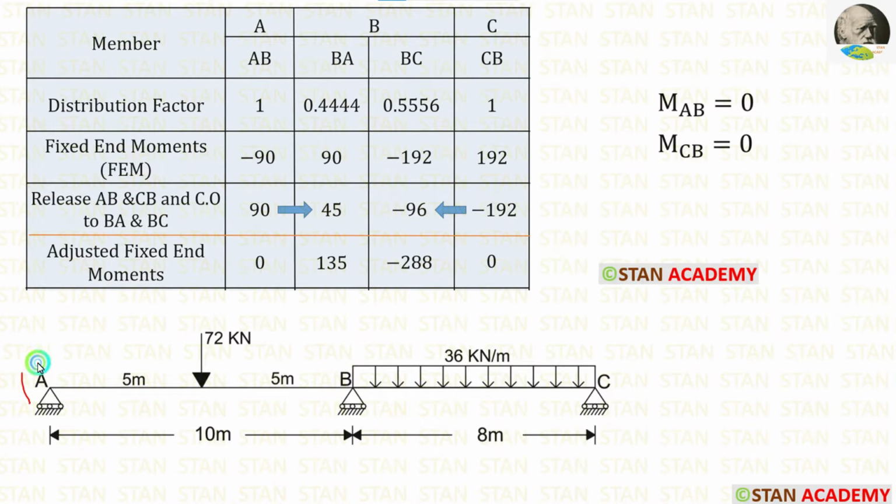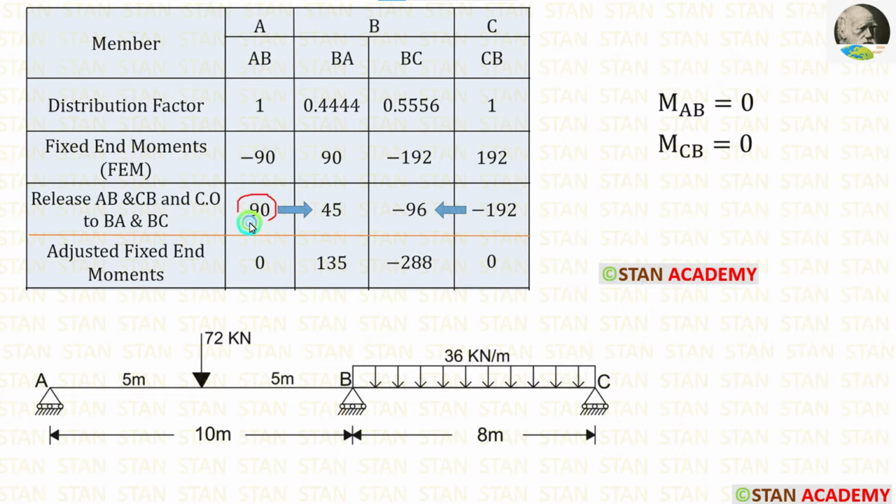Then let us enter the fixed end moments. We know that in the points A and C, the moment will be 0 because they are simply supported ends. So MAB will be 0 and MCB will be 0. In this table, we have to make AB and CB 0. For AB, the fixed end moment is minus 90.